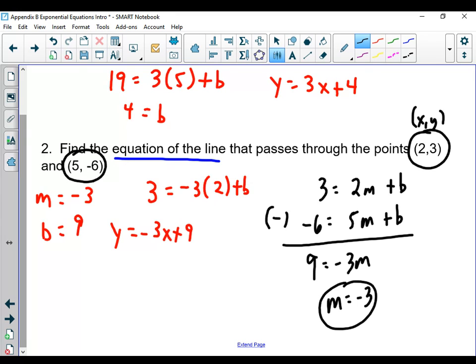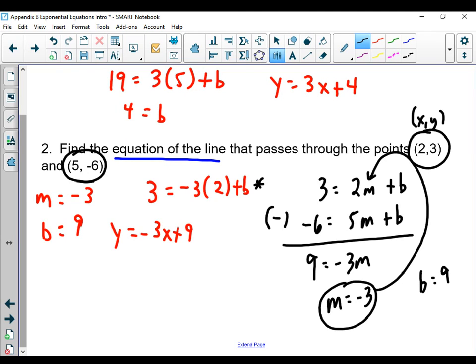So we take this, we plug it in, and now I've got that equation that I've used before. And now I have my b value. I can find my b value. So another strategy you can use, because we know we got to fit that model, is to just plug in the information that I had.